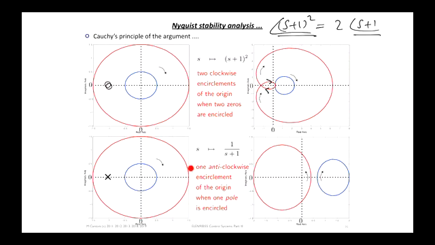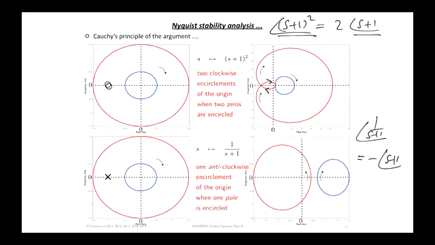While we're moving this way on the original curve, in the new curve, we end up moving this way. Not surprising, because if we look at the phase of 1 on s plus 1, that's minus the phase of s plus 1.